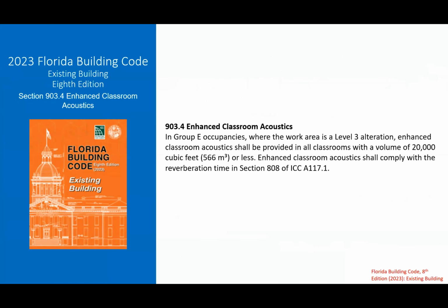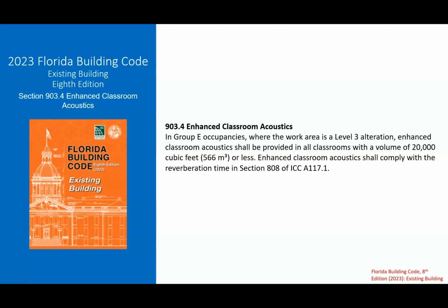And just to note, the existing building code has a note in here that says in Group E occupancies where the work area is a level 3 alteration, enhanced classroom acoustics should be provided in all classrooms. And it has a note here about complying with the reverberation time. This is subject to whoever is interpreting it.